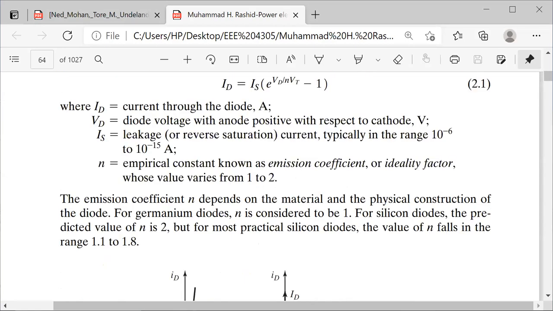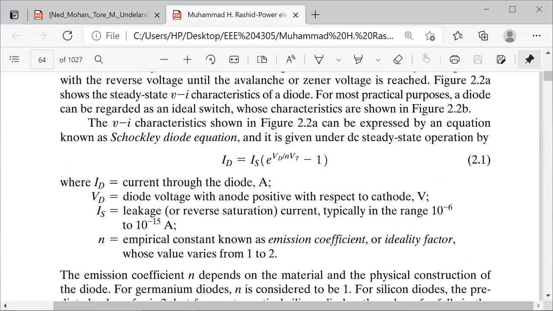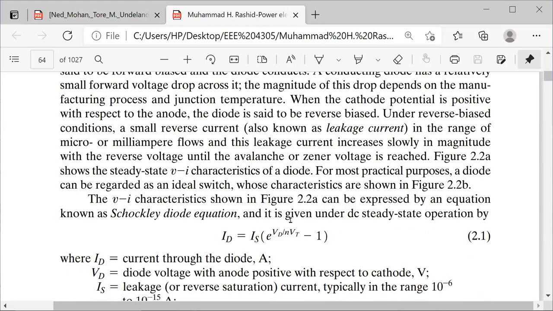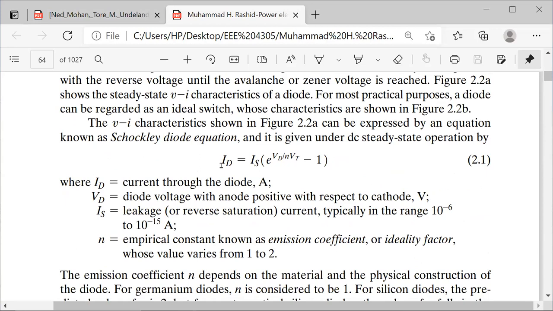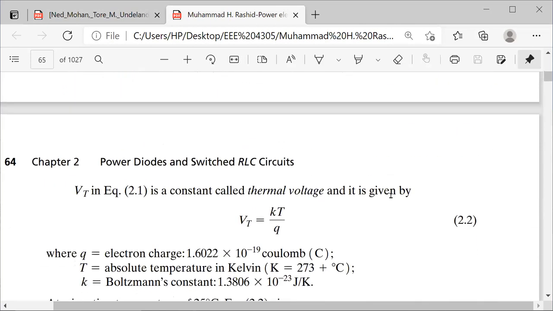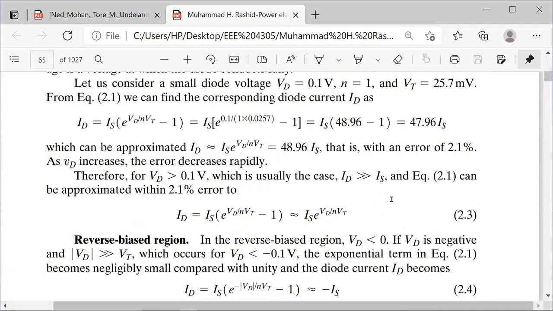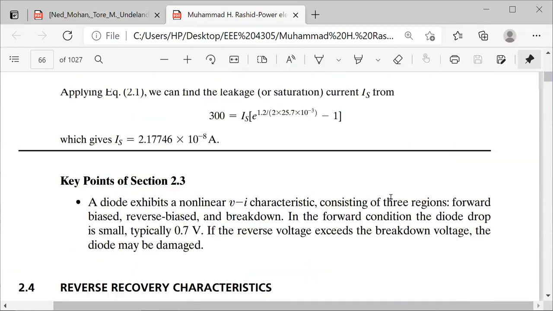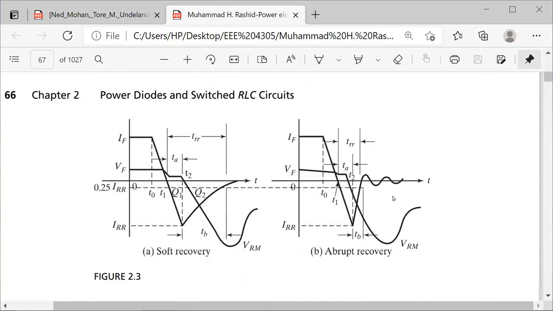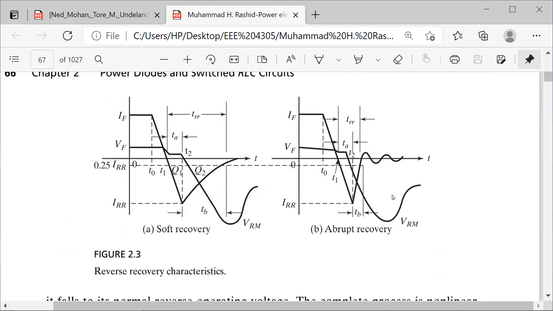Okay, that's good. So these are the characteristics of the diode. You know that this is the Shockley diode equation, right? You are familiar with this equation already, so you don't need to do that again and again. Those who have this as their first course can look at it.